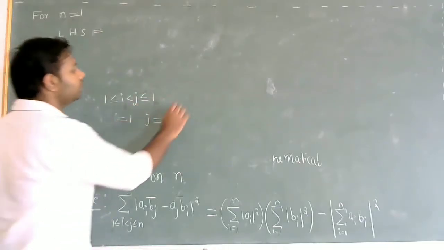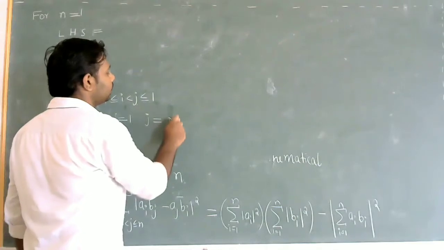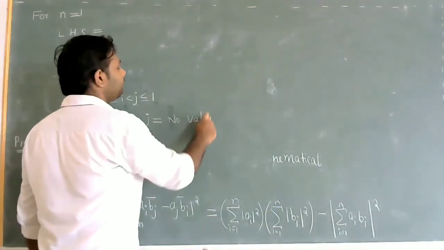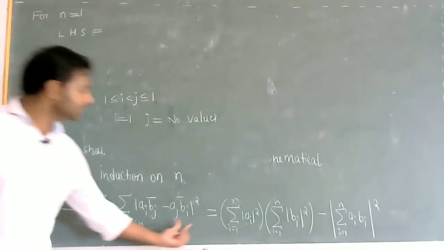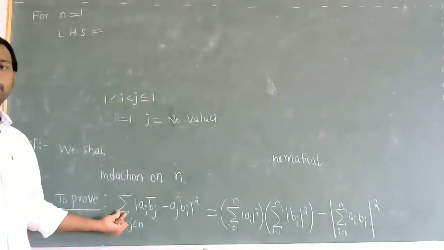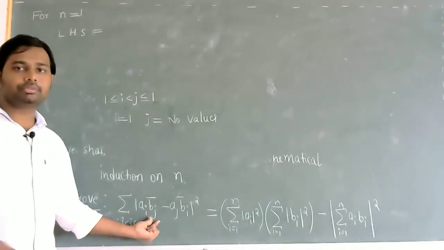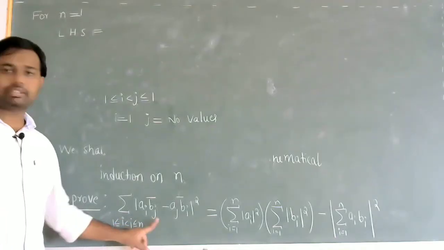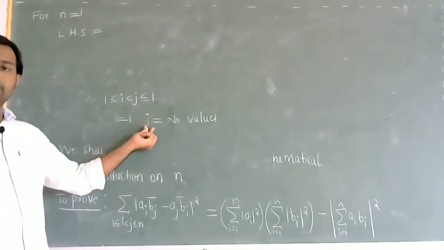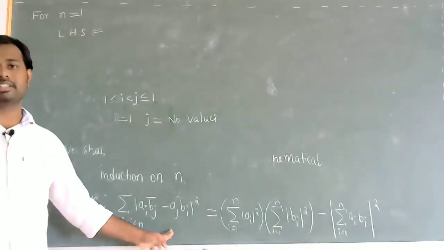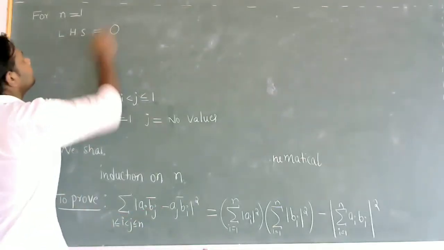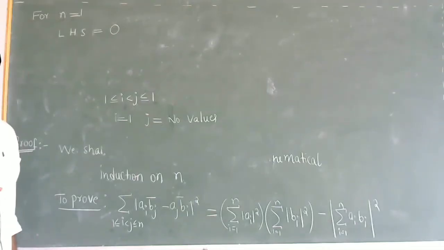So there are no j values at all, which means there will be no terms in this summation, because the terms of the summation run over both i and j. As there are no j values, there will be no terms, and the empty summation is taken as 0.